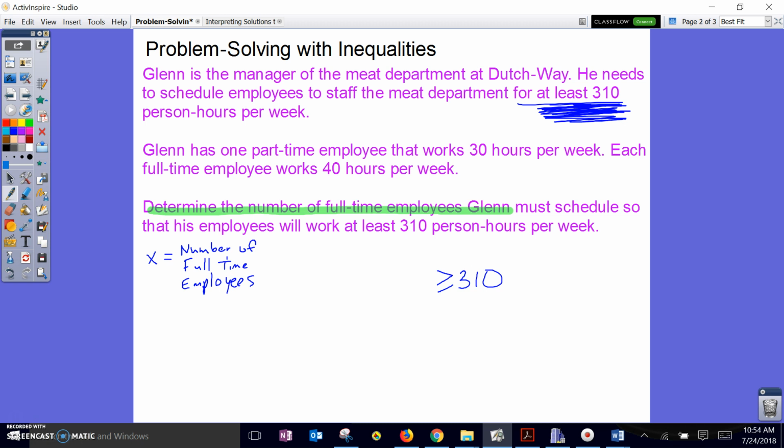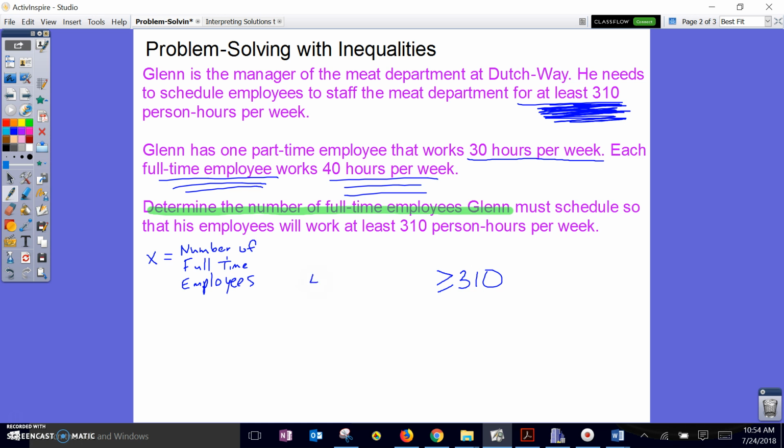Glenn has one part-time employee that works 30 hours per week, and he's got a bunch of full-time employees that work 40 hours per week. So if he had one full-time employee working, they would work 40 hours. If he had two, they would work 80 hours. So what we need to do in here is take the number of full-time employees times that 40 hours a week that they work, and that gives us the number of hours worked by the full-time employees.